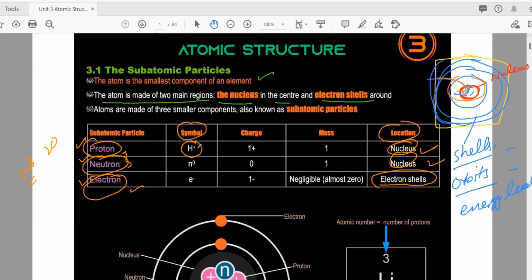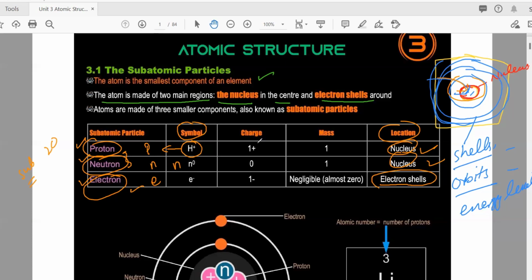Why? Because protons are considered equal to the hydrogen atom. For neutron, the symbol is N. In some books you'll find P for proton and N for neutron. And for electron, you have E. So these are their symbols.